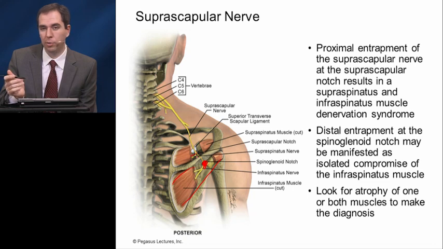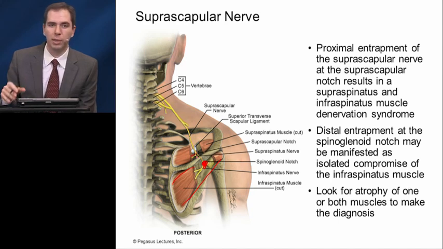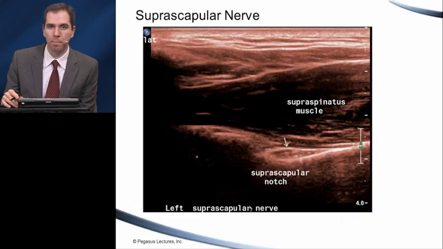So to make a diagnosis of denervation, you look for atrophy of the supraspinatus and/or infraspinatus muscles, and based upon whether both muscles are affected or just the infraspinatus, you can have an idea of where the impingement might be, and you can look for any abnormality causing the impingement.